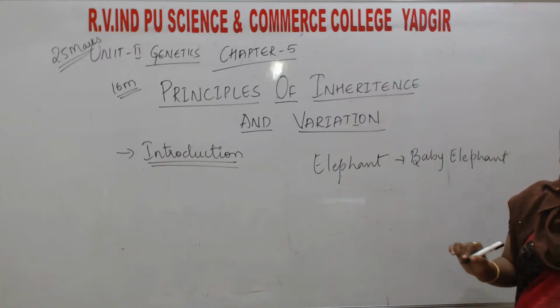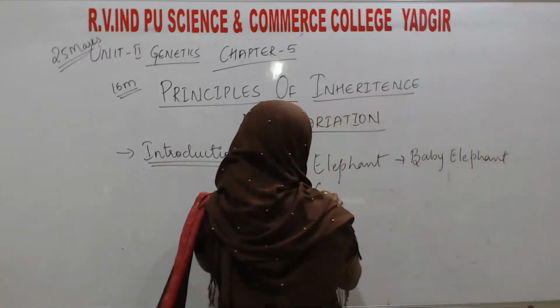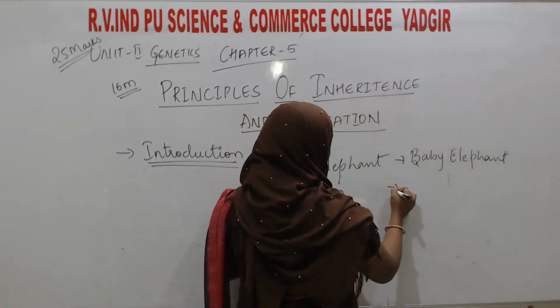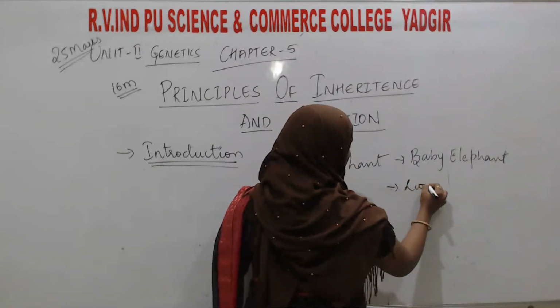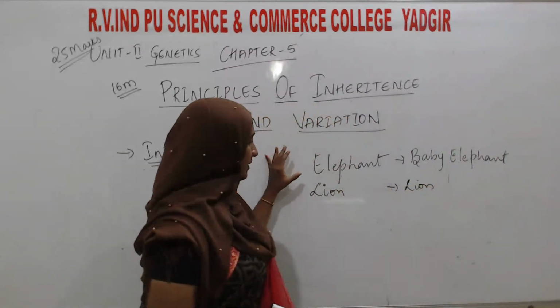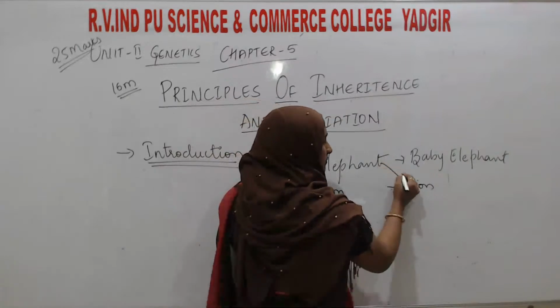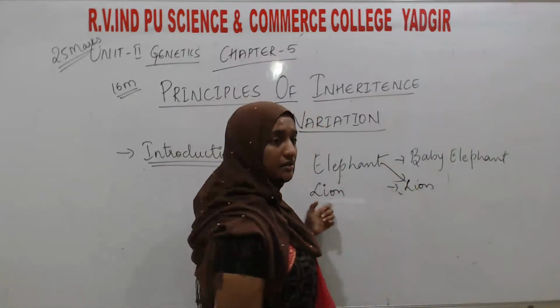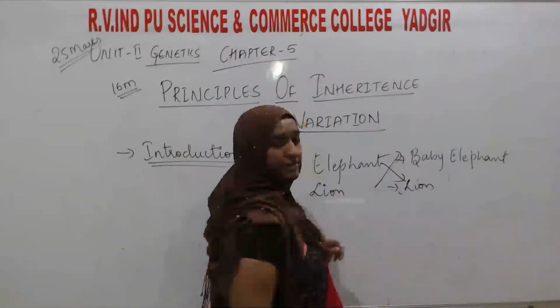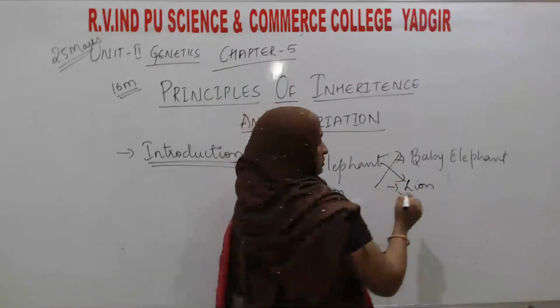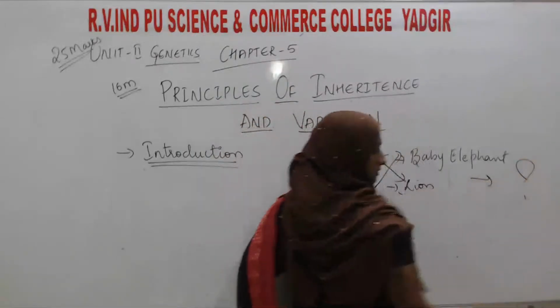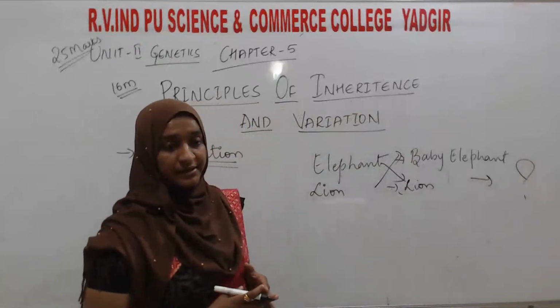Yes. Then a lion will give birth to a lion. Why not an elephant will give birth to a lion? Why not a lion will give birth to a baby elephant? This is one question which will arise in your mind.